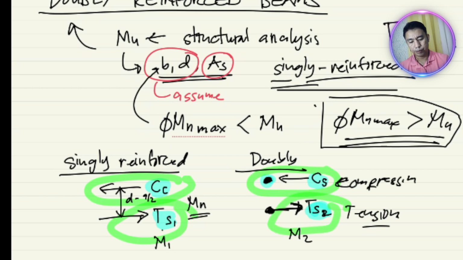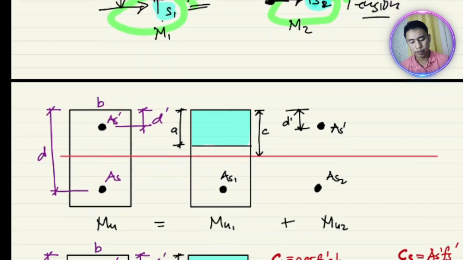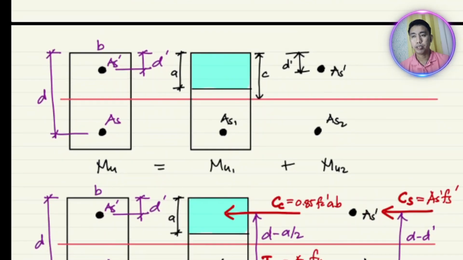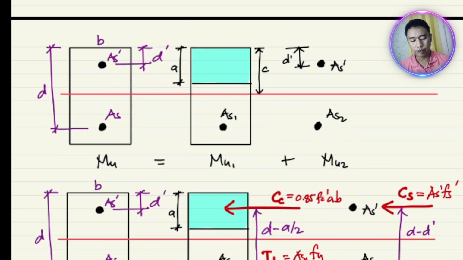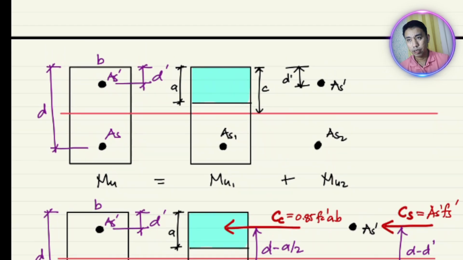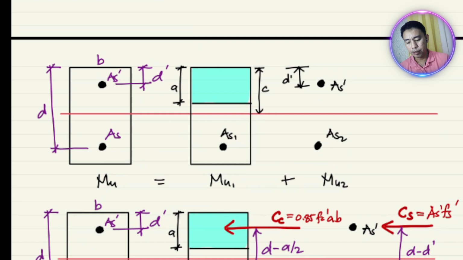Okay? So, in the proper analysis, this is how we analyze a doubly reinforced. Let's say we have a section. Okay, we have this section, and then with width of b, and then depth of d.